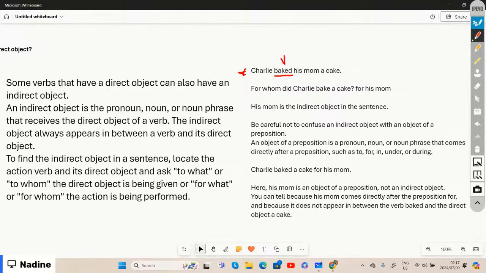I'm going to put V for verb. A cake is our direct object.